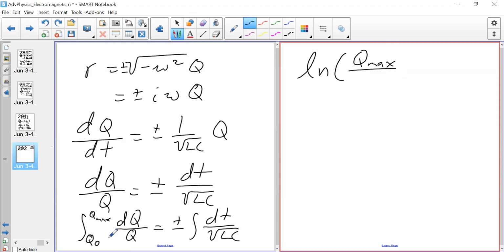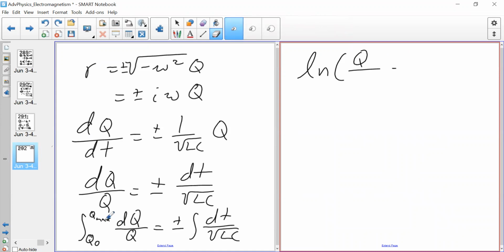So let me see. Because when we discharge this capacitor, we're actually going to have this q naught over q max.